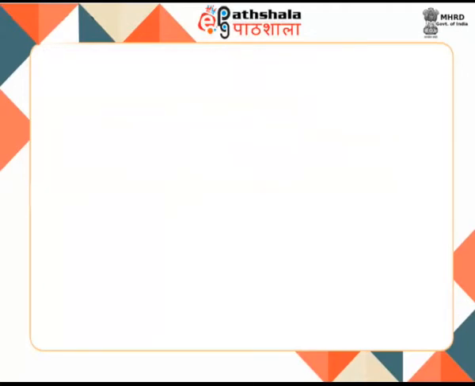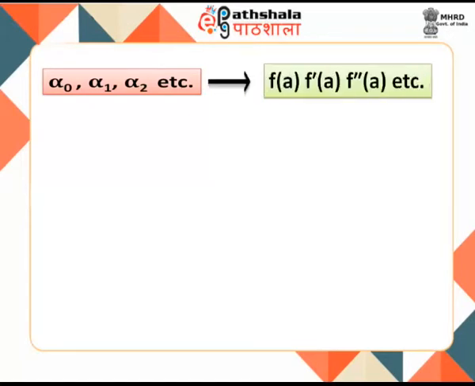To find the values of the constants alpha naught, alpha 1, alpha 2, etc., we obtain f of a, f dash a, f double dash a, etc.